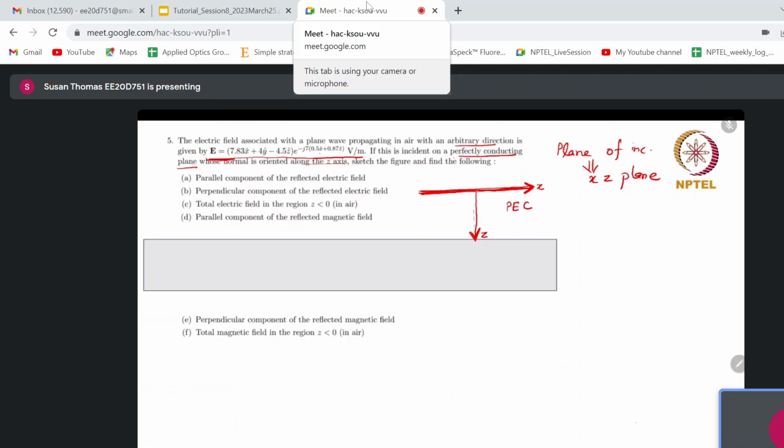So the normal to this PEC is along the z-axis. This is y, which is normally outward.